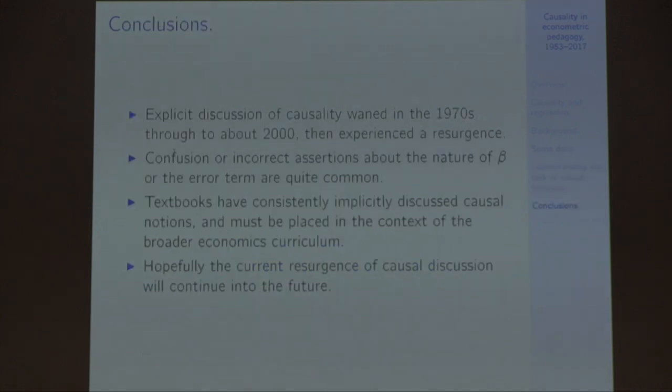So what did we maybe learn here? I think hopefully I sort of convinced you that econometrics textbooks started off in the 1950s and 1960s doing a pretty good job telling students about causality. They might not, obviously, reflect our current modern understanding of causality, and often didn't define causality, but they at least highlighted explicitly to students that when you calculate a correlation between variables, you shouldn't necessarily interpret it as causal.